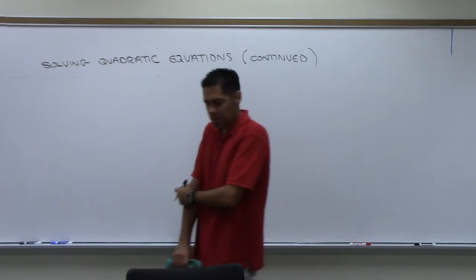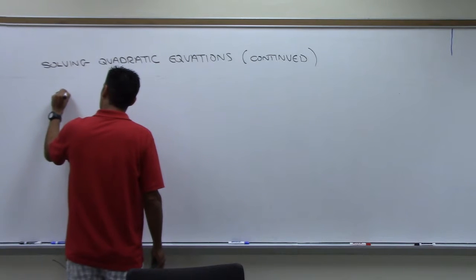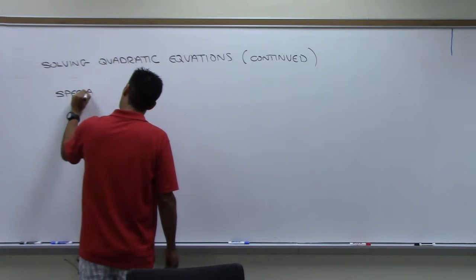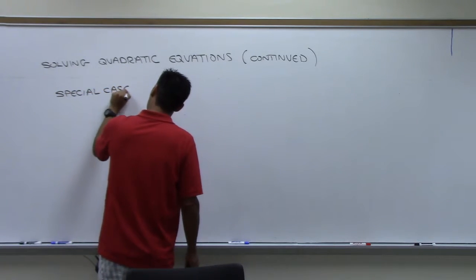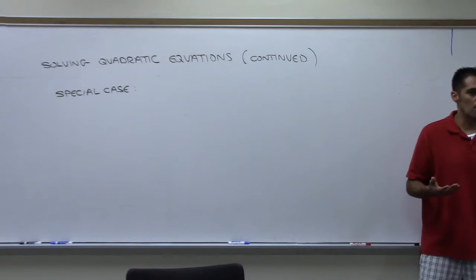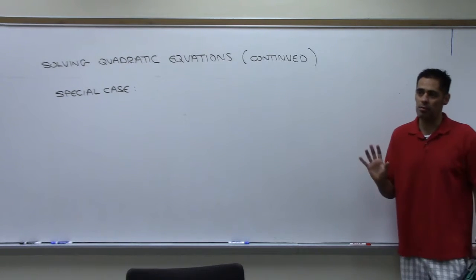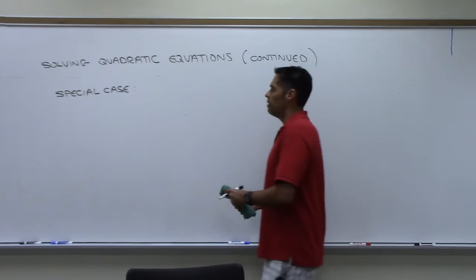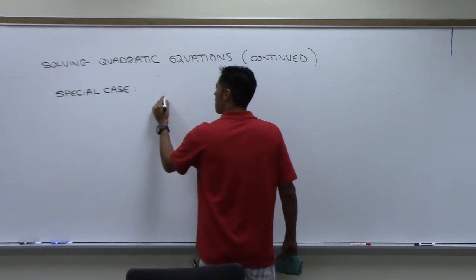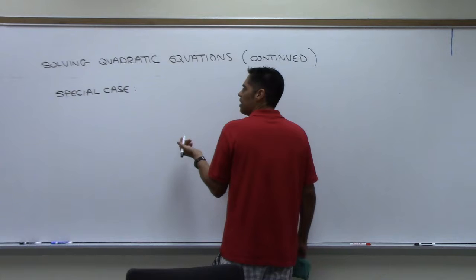There's a special type, a special case where we use a special technique to solve a quadratic equation, but it has to look exactly right to do this. Let me write down a specific example first, and then I'll illustrate what it is that makes it special.